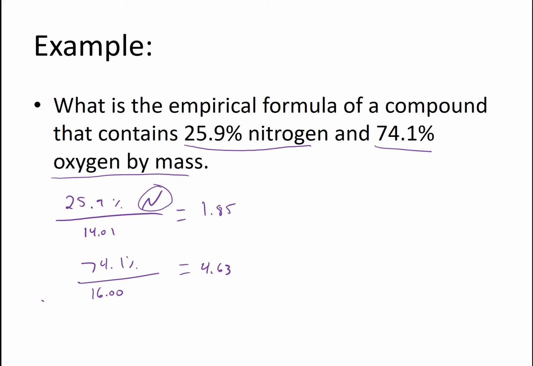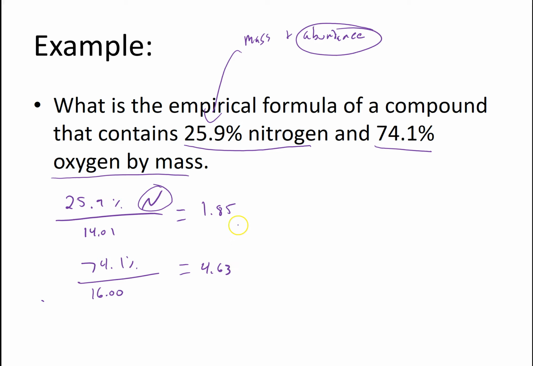Now again, let's think about what we just did. Why did we do that step? All right, so the percent composition is a function of mass and abundance in a formula. By dividing by the mass, we're essentially just getting an abundance ratio.